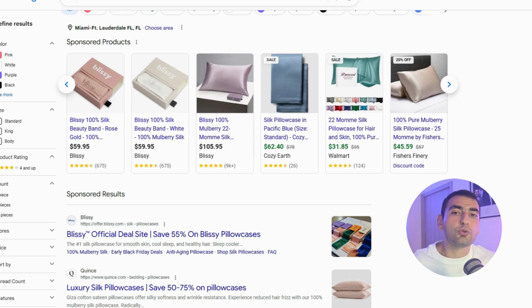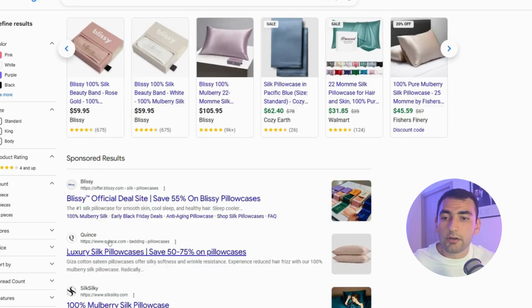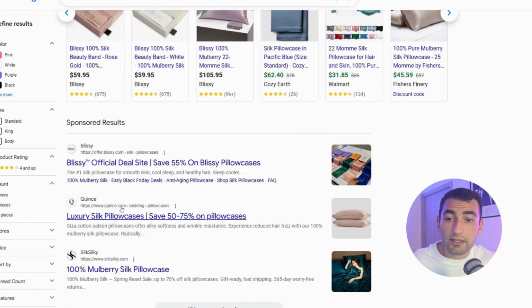And even though shopping is cheaper, it's also the priority placement for us. It's the first thing people see when they search, and the first thing they click if they're ready to buy, or they're already at the bottom of the funnel. So search ads tend to catch people earlier in their discovery phase.